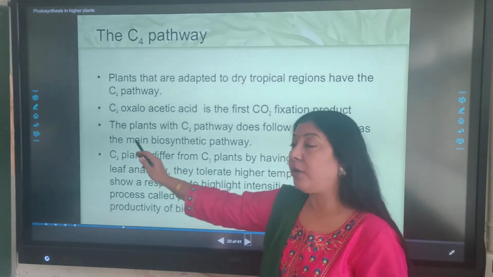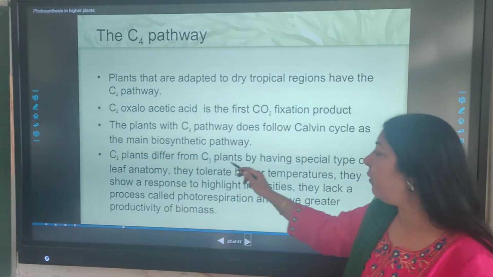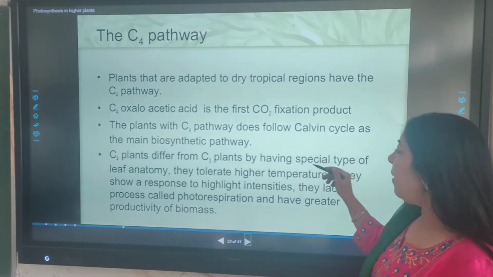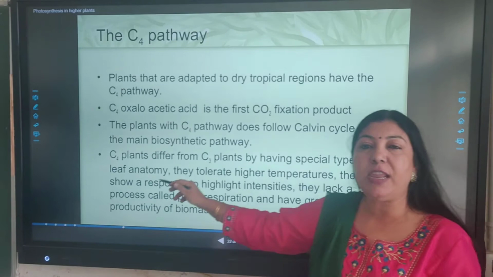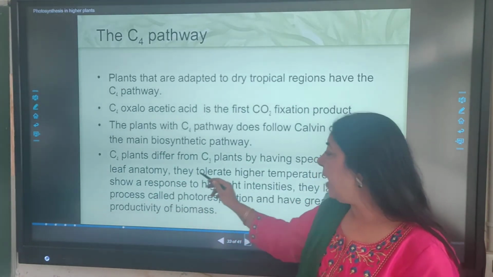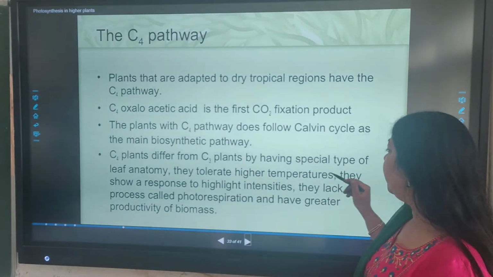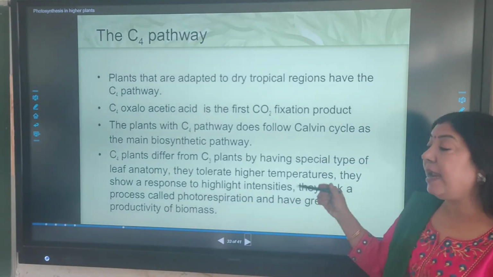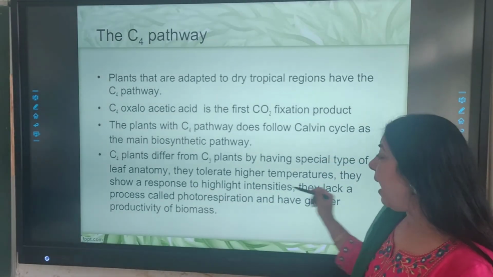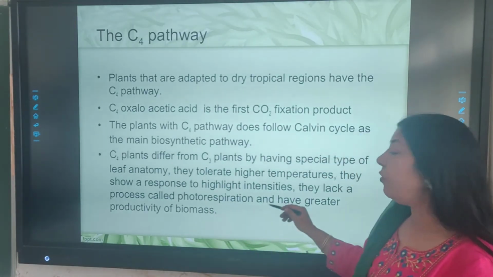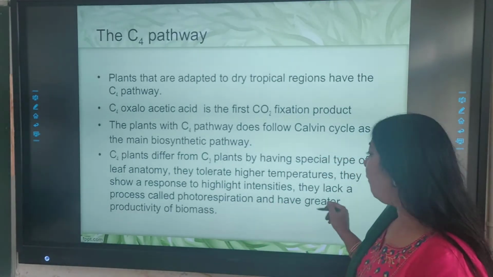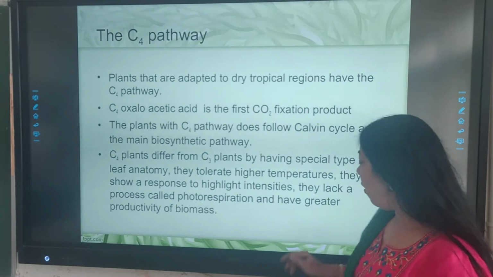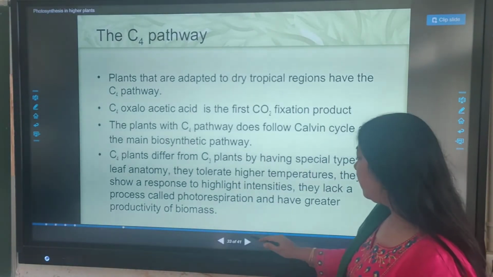So this is very important. C4 plants differ from C3 plants by having a special type of leaf anatomy. They tolerate higher temperatures. They show a response to high light intensities. They lack photorespiration and have a greater productivity of biomass.